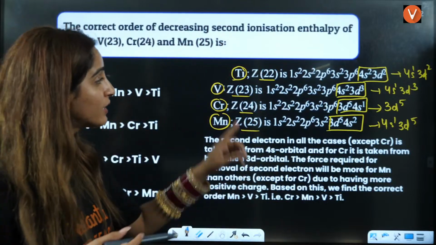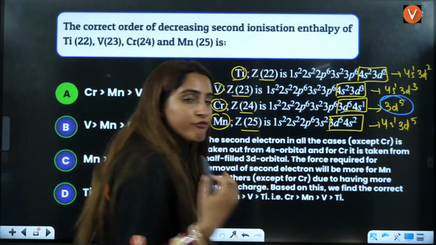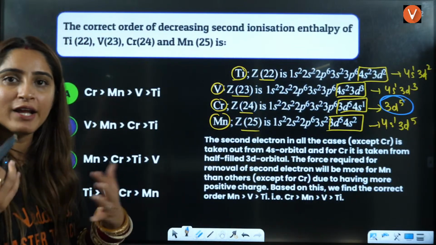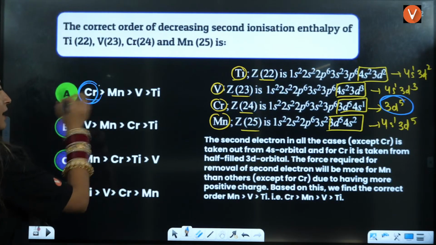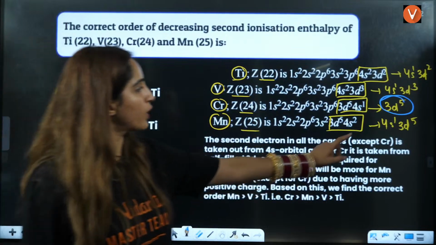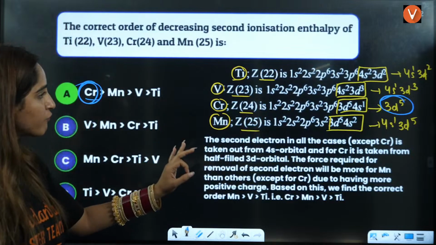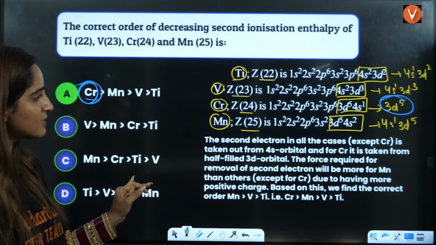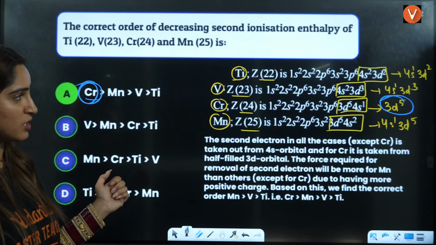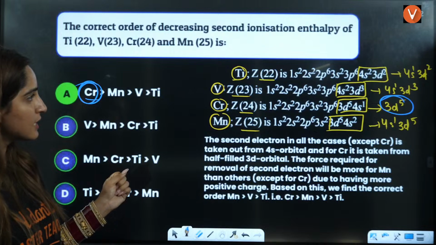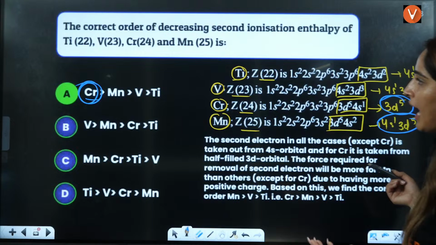Chromium will find it very difficult to lose one more electron because chromium is already in the half filled state. If I lose one more electron, I'll lose this stability. So chromium is going to have the maximum. After this, if you talk about manganese here, decreasing order of second ionization enthalpy, because the only thing that we have here is chromium.